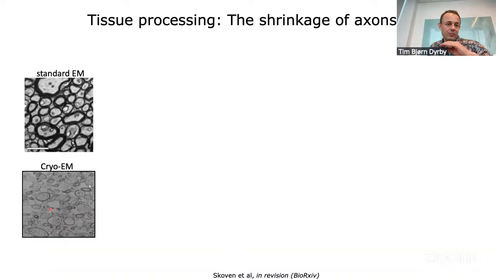So here we take a small piece of tissue and we high pressure freeze within a few milliseconds. So we preserve the whole cellular environment. In this case a lot of the extracellular space is preserved, which disappears here in the dehydrated situation.